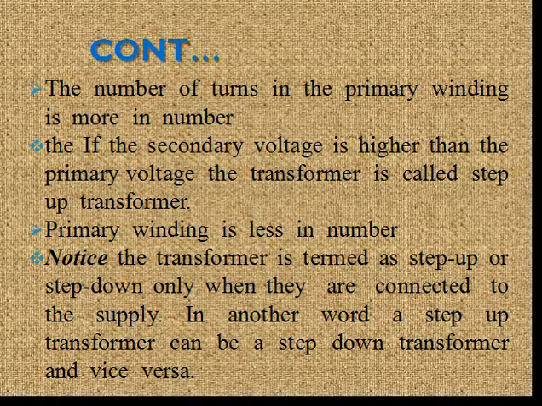The number of turns in the primary winding is more, but the cross-sectional area of the wire is thin.